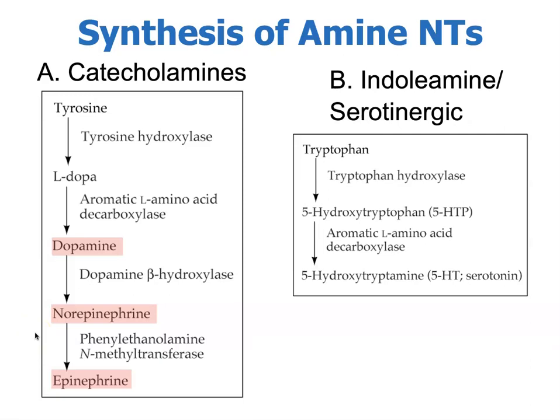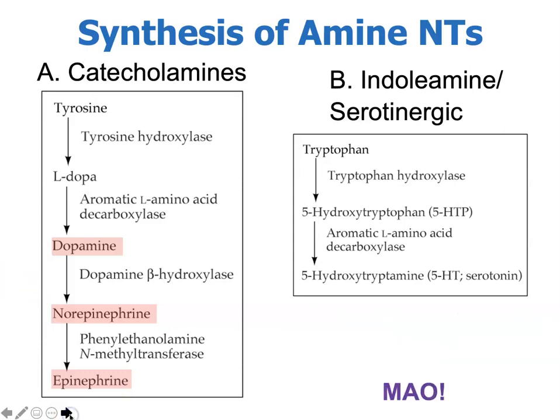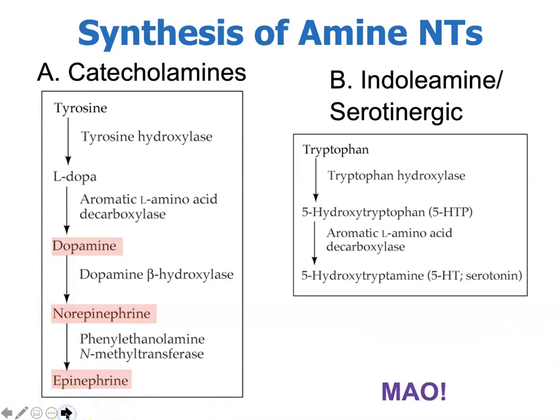And for all of these biogenic amines, for the most part, breaking down, right? So we were talking about enzymes that break down these neurotransmitters. The bulk of these biogenic amines is going to be broken down using monoamine oxidase, or MAO for short.